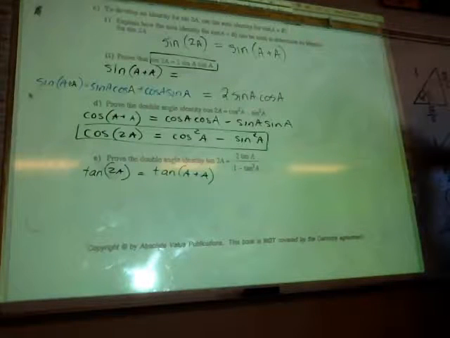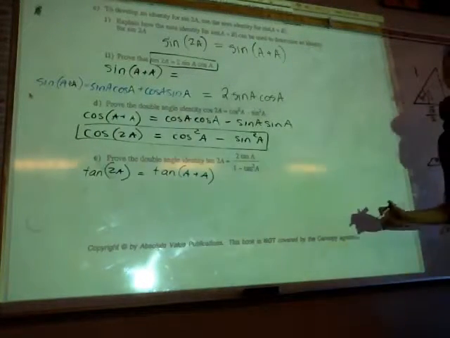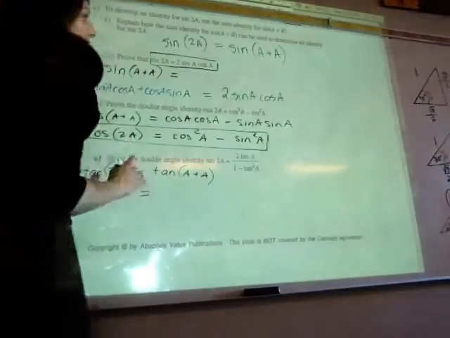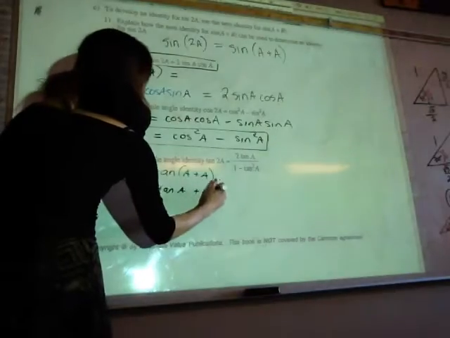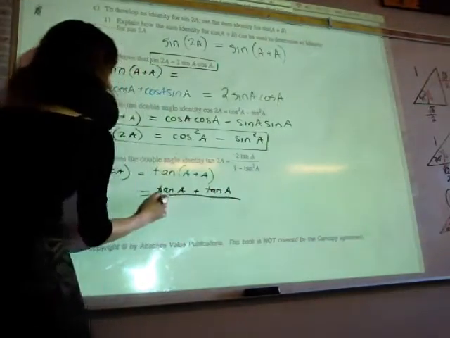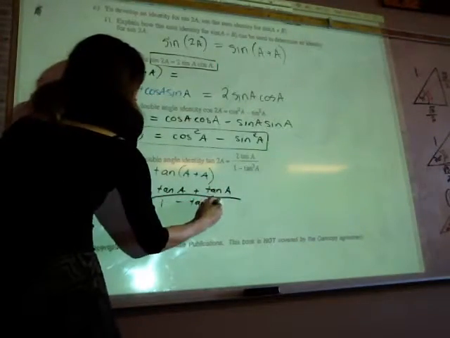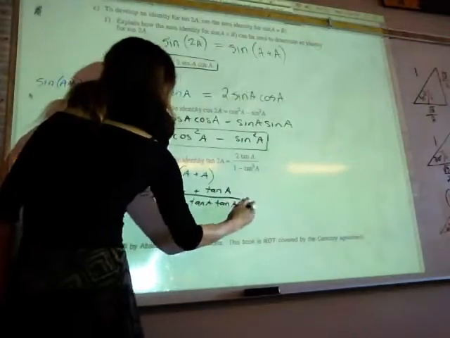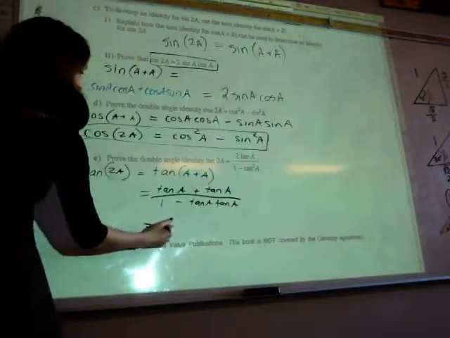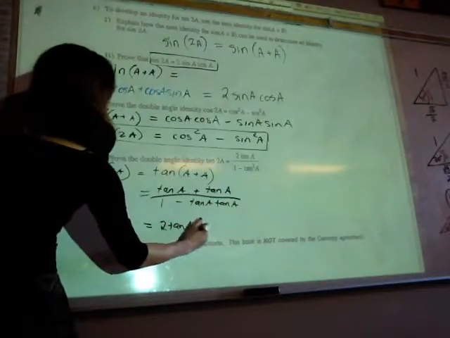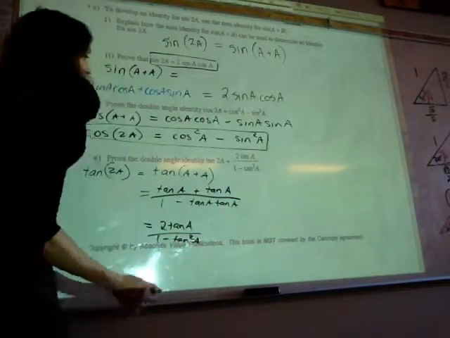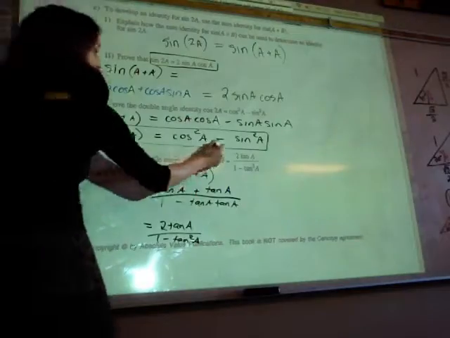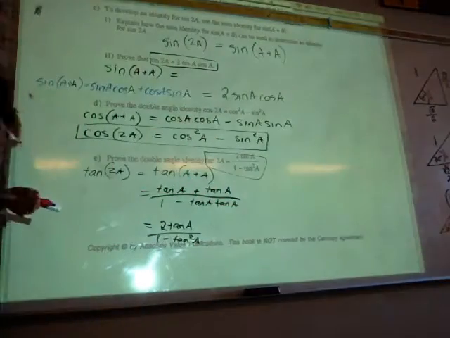Okay, so instead of b, what do we have? A. Okay, so we'll just plug those in. Tan a plus tan a over 1 minus tan a times tan a. So that gives us 2 tan a over 1 minus tan a squared. And this is the double angle identity for tan.